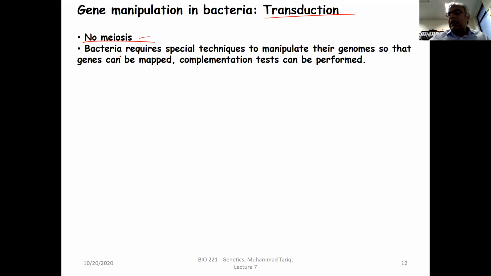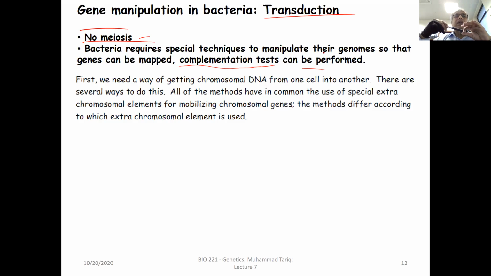Also, to overcome the lack of meiosis in bacteria, there are still tools developed which can be used to do a complementation test. Last time we talked about F prime plasmids, and also mapping of genes, how far away genes are from each other. You will see today one of the tools using transduction again.